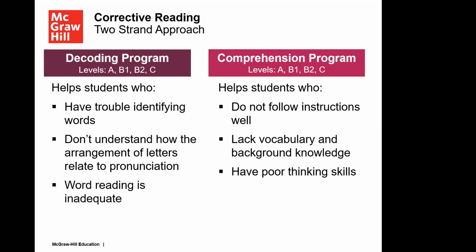The decoding strand has 4 levels and is designed to help students who have trouble identifying words or don't understand the arrangement of letters within a word in order to be able to properly pronounce the word. They may also be students whose reading rate is inadequate and whose comprehension skills are very low. The comprehension strand also has 4 levels, but is designed for those readers who do not follow instructions well or lack vocabulary and background knowledge in order to be successful in their reading.